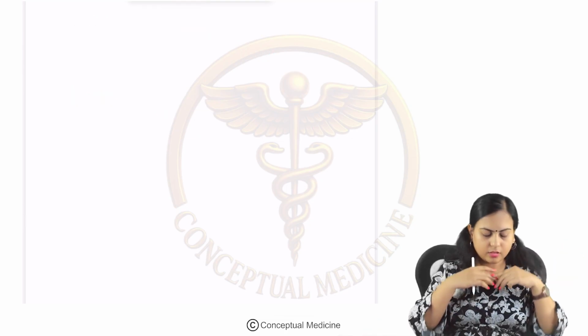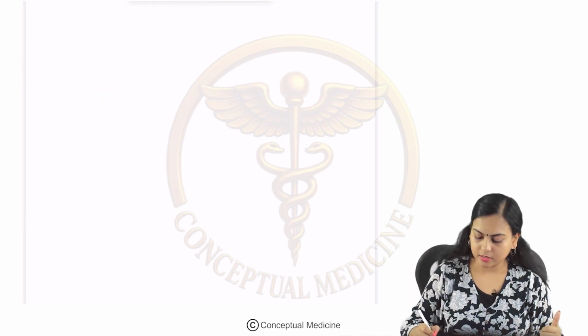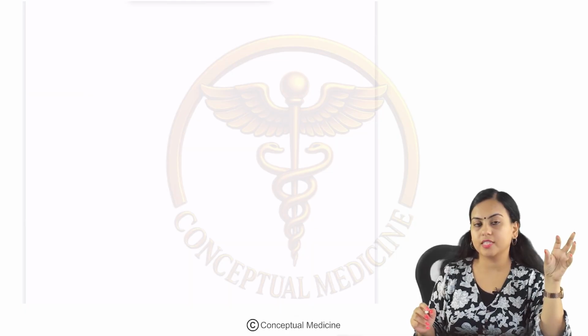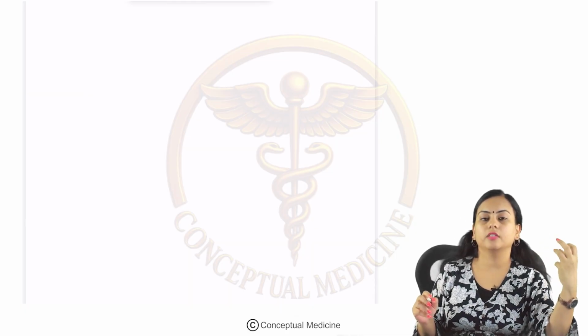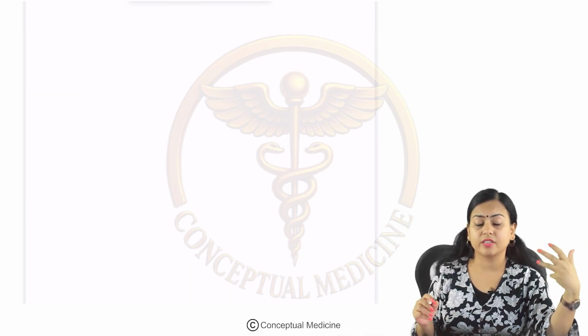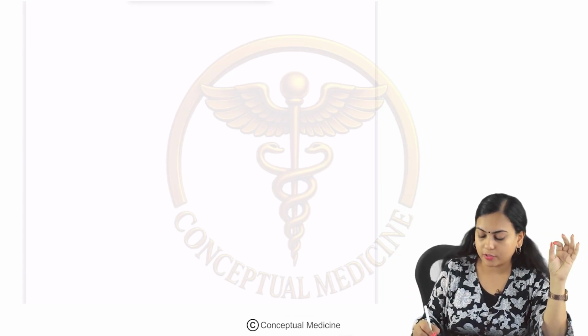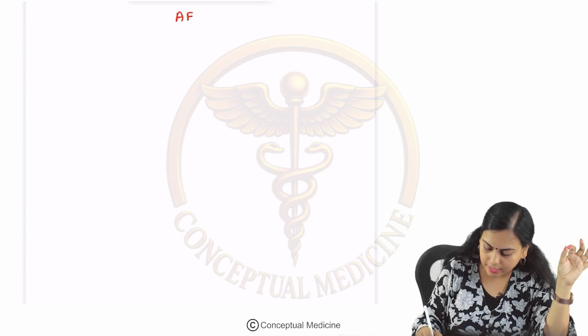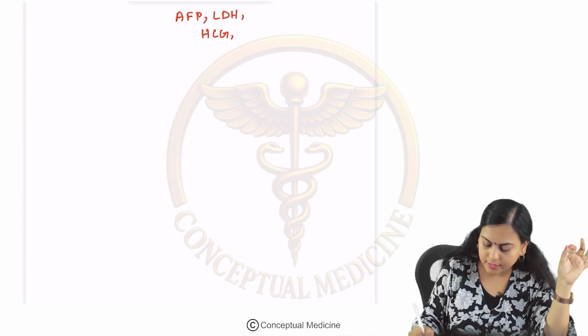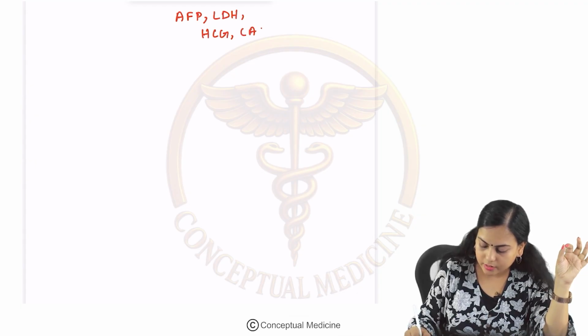Let's summarize how to follow up patients who present with ovarian neoplasms, whether benign or malignant. First, you have to offer them tumor markers, that is AFP, LDH, HCG and CA125.